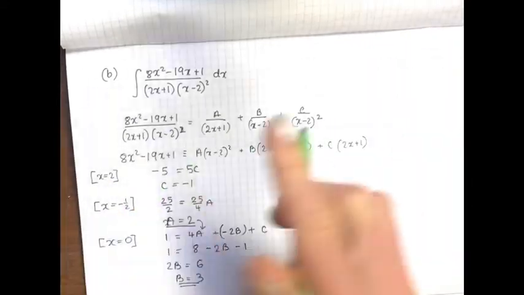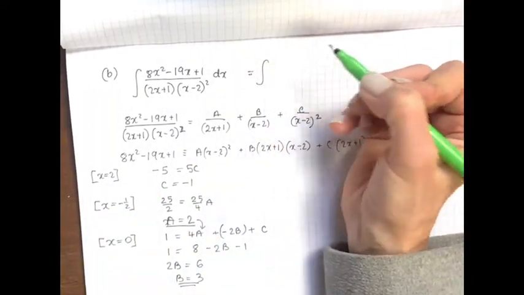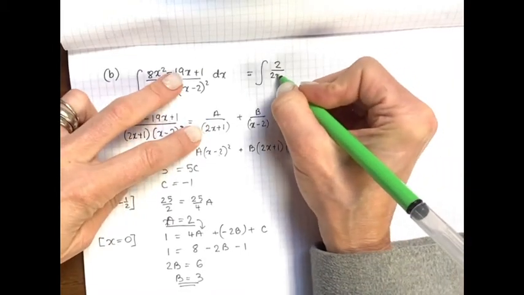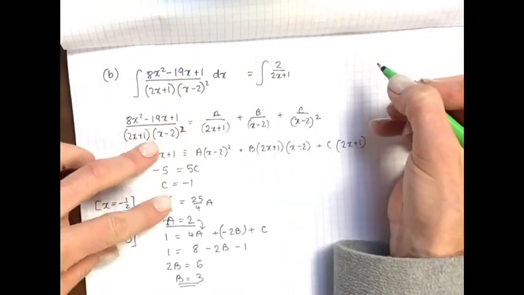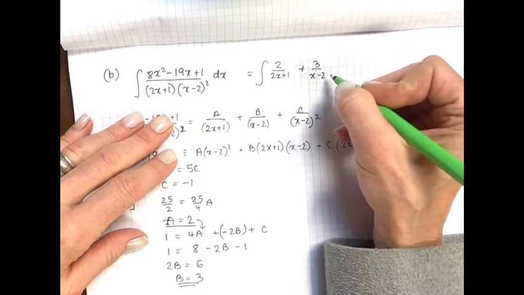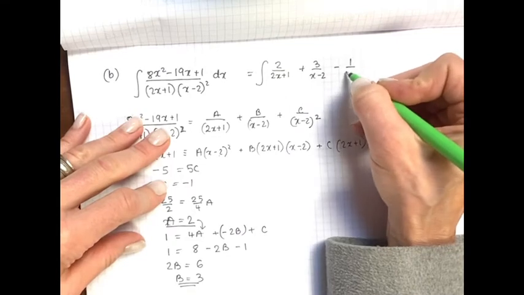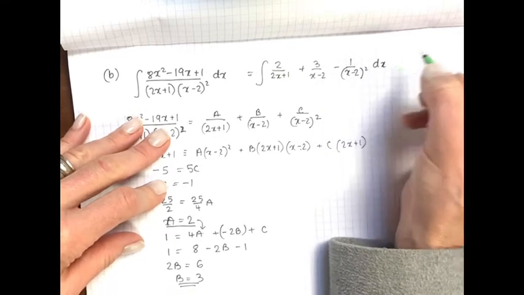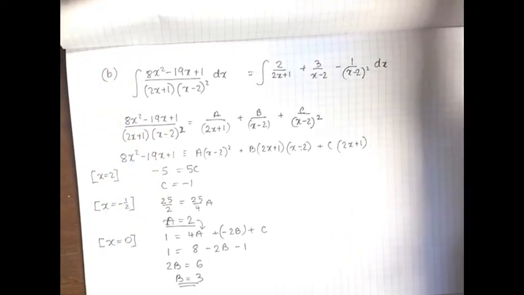Okay, so the integral here becomes, A is equal to 2, so it's 2 over 2x plus 1. B is 3, so it's 3 over x minus 2. And C is minus 1 over x minus 2 all squared. So all this prep, we haven't even started integrating.